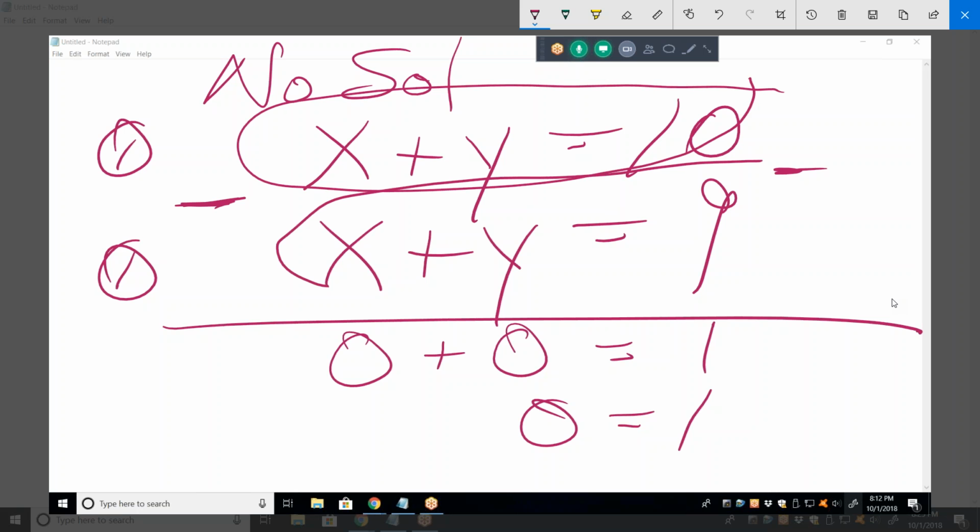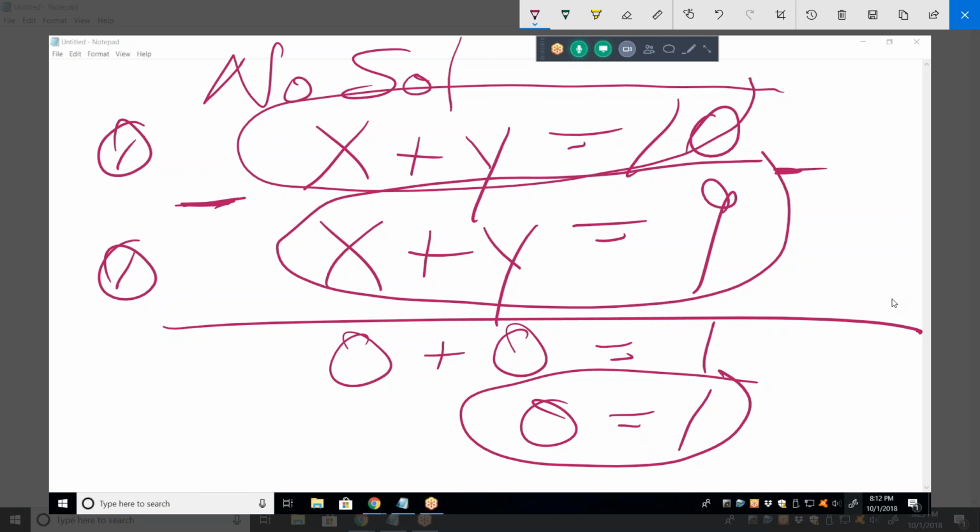You cannot have x plus y equal 10 and also x plus y equal 9. It does not give you any solution at all. And you prove it by trying to solve it, and you get a number equals a different number.